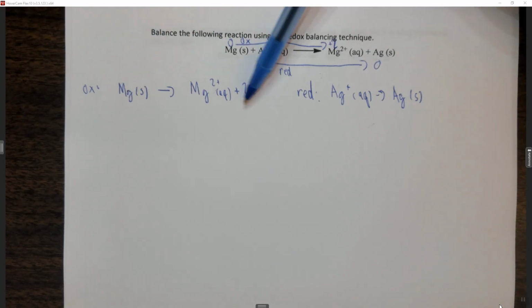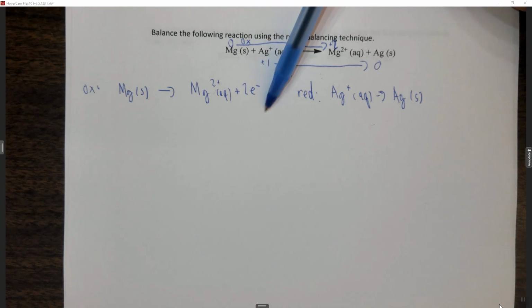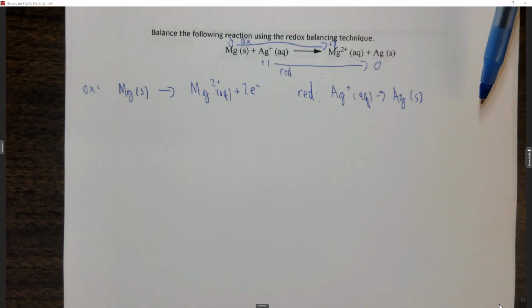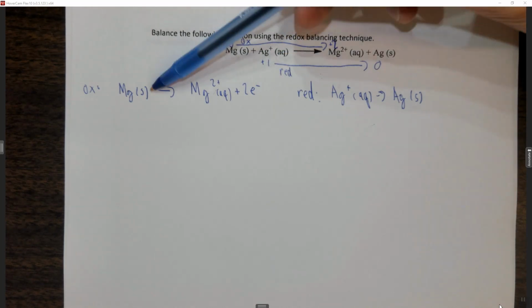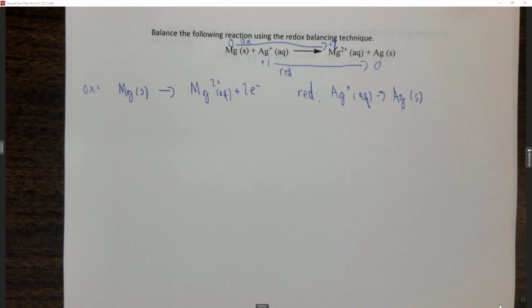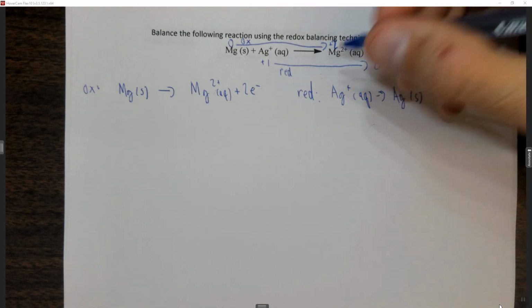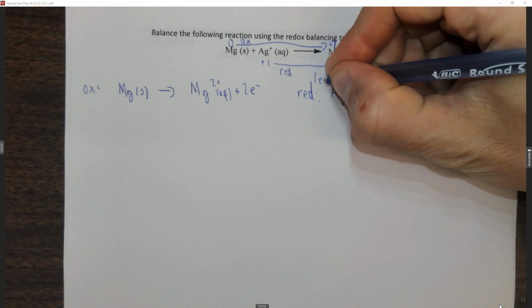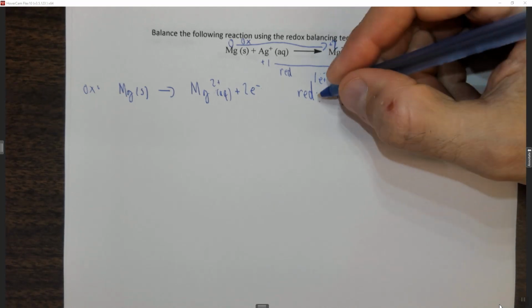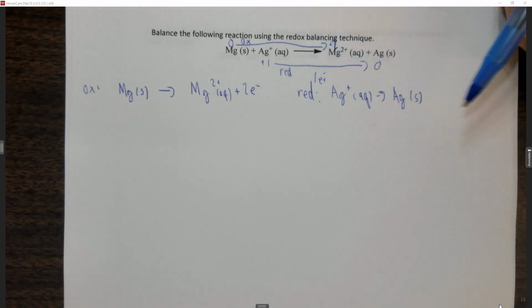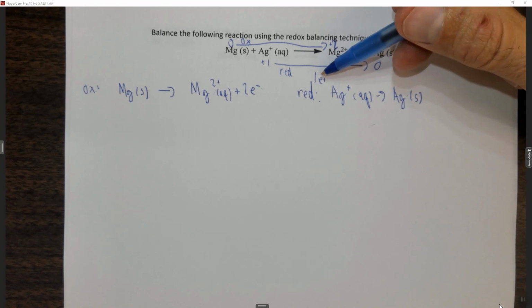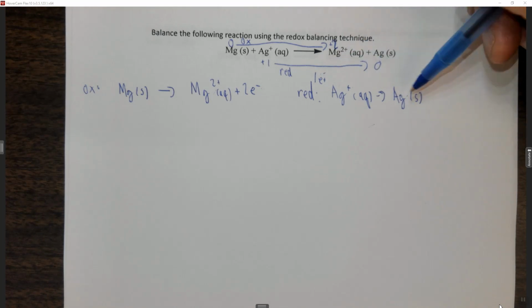Note that for the oxidation half reaction, the electrons always have to be products, because oxidation is losing electrons. For the reduction half reaction, the electrons always have to be reactants, and this time it would be 1 electron plus the silver plus yields silver, because now we have 1 minus and 1 plus, which is 0, which equals 0 over here.